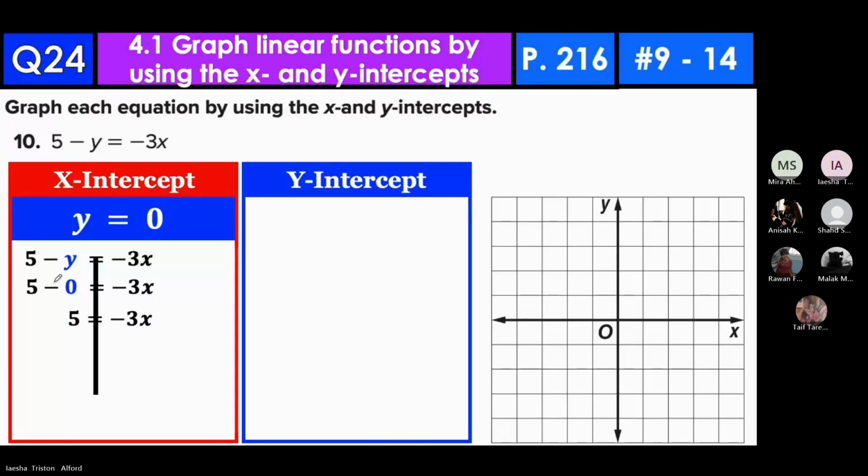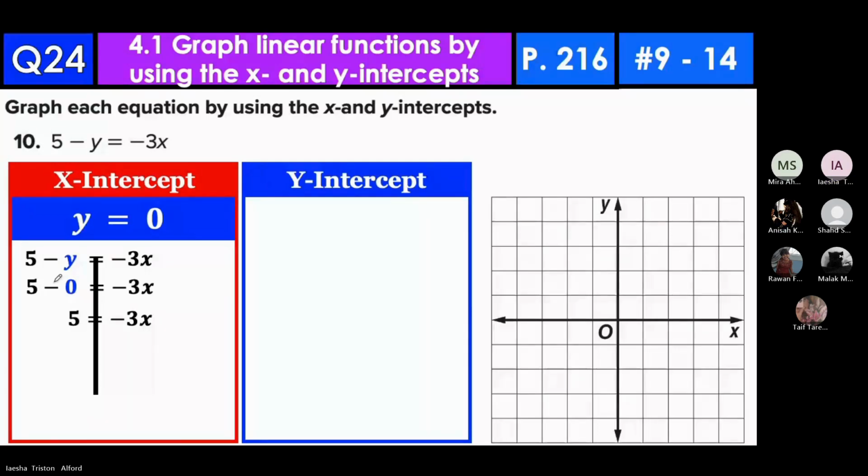Now, divide by 3 on both sides. No, add 3. Wait. Miss, we didn't divide.